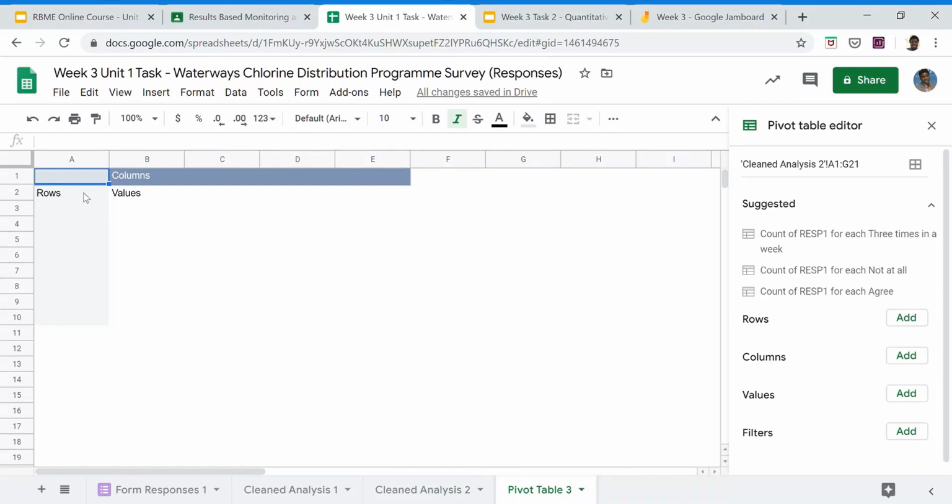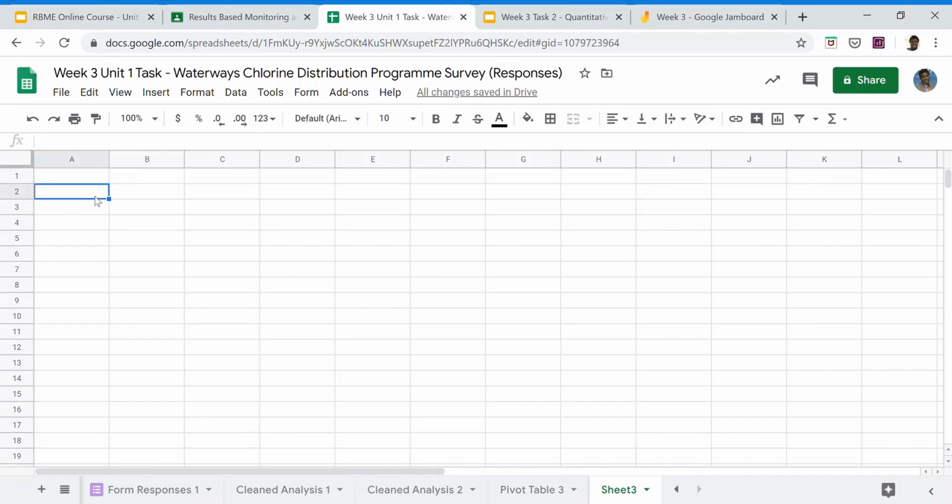So I'm going to see something, rows and columns. You have rows, columns, filters. Rows means it's just like having a row and something in a column with values. What I normally do is create tables just to show what I need before I even get into it.